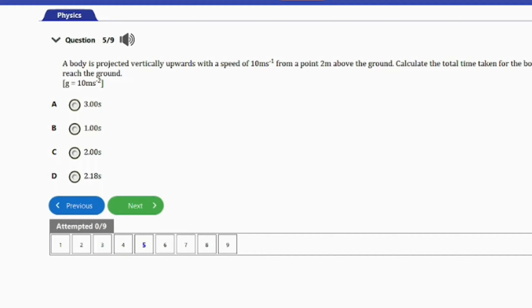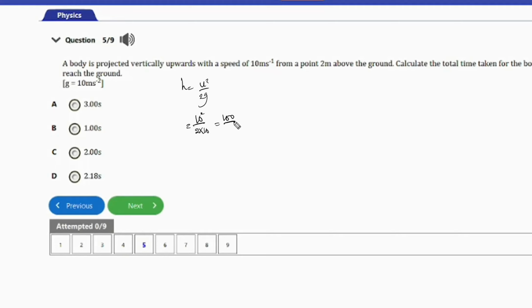Alright, so guys, since the body is projected from a distance that is 2 meters above the ground, let's see the maximum height of these objects from these points. So that would be u squared over 2g. So u squared is actually the square of the velocity here, that's 10 squared, then over 2g, which is 2 times the acceleration, that's 2 times 10.